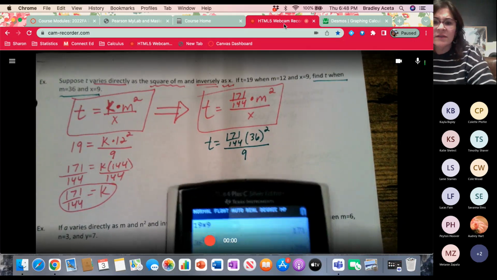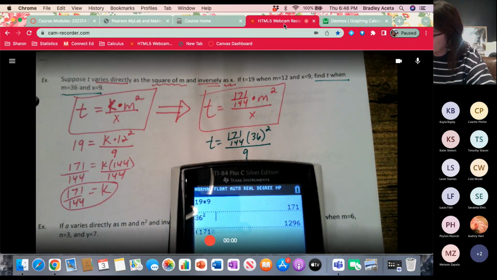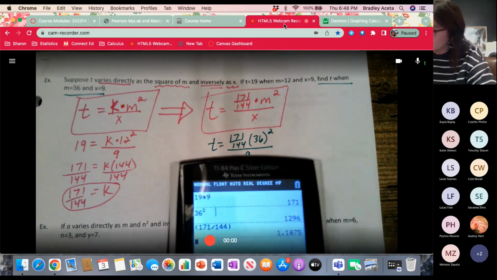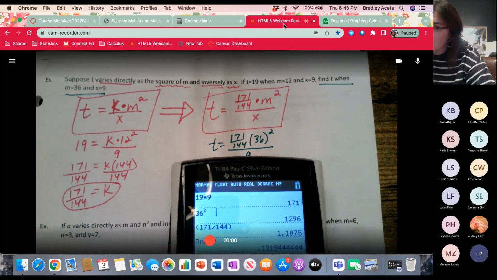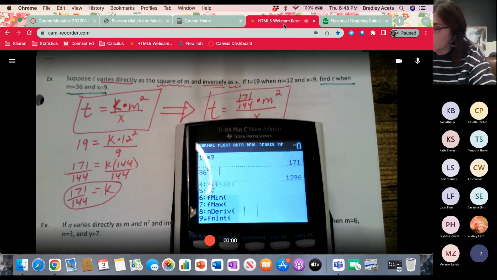Is 1296. And then I'm going to multiply that by 171 over 144. And then I'm going to divide that by 9. And I get a little ugly fraction here, but that can be made into a fraction. Just hit math frac.